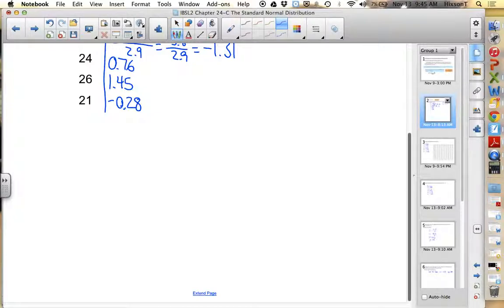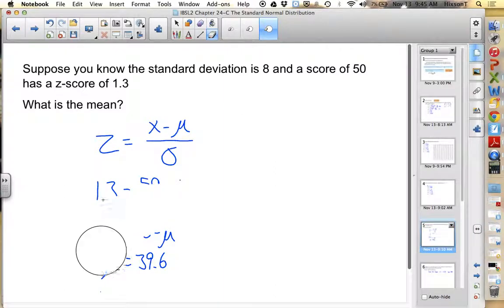Let's suppose that we know the standard deviation is 8 and a score of 50 has a z-score of 1.3. Okay?